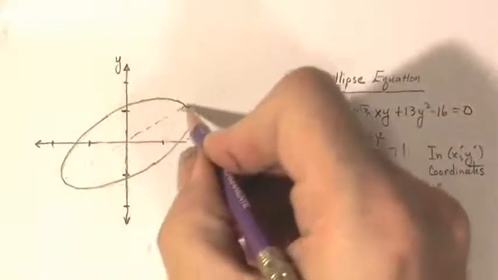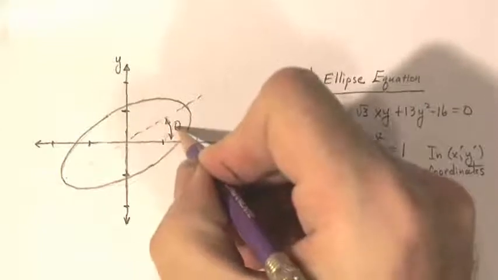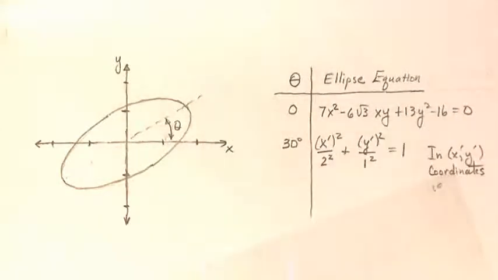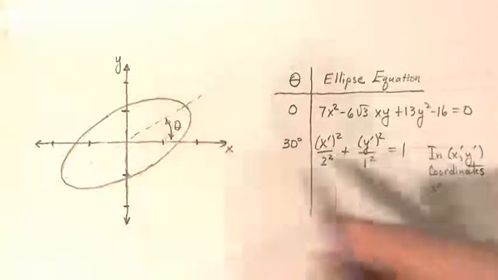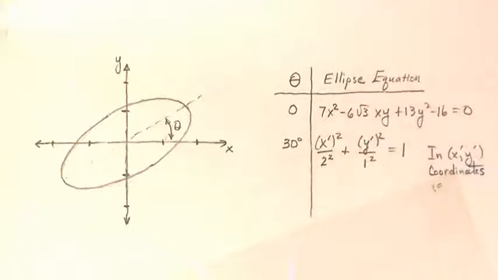So we have to have some way of finding this angle theta. And even after we find this angle theta, we have to have some way of making this equation change into this equation. And that's the subject of the next video.